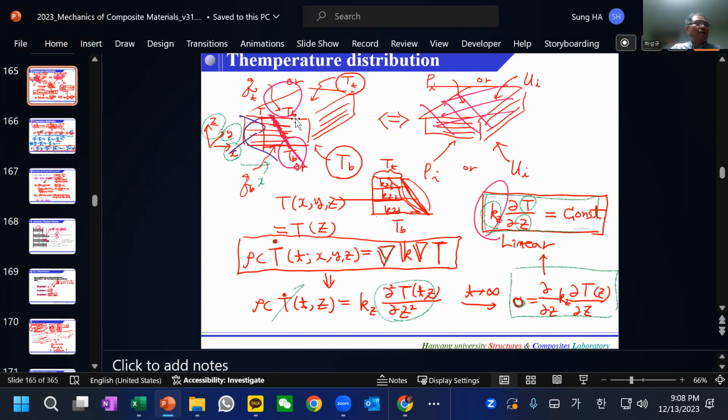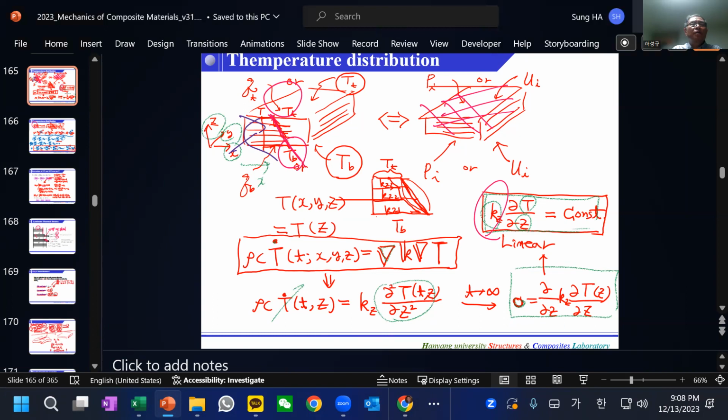Whatever temperature distribution you get, you then enter it and get the stresses. The simplest case will be no transient, steady, and this is the constant Kz. Then this will be a constant.